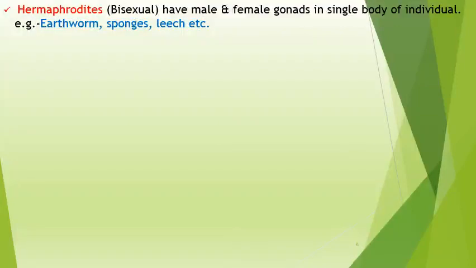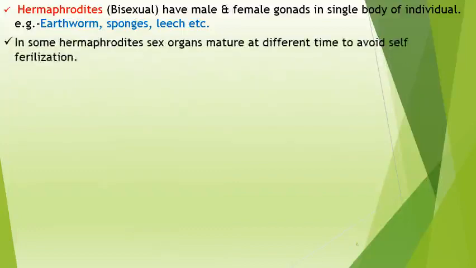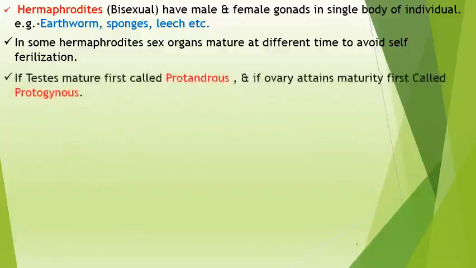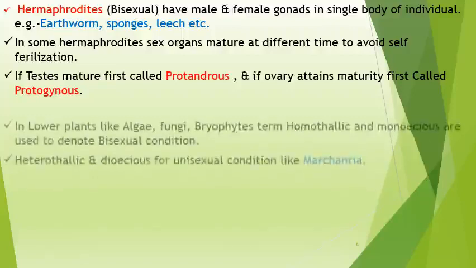It represents male and female gonads in a single body of an individual. Common examples are earthworm, sponges, leech, etc. In some hermaphrodites, to avoid self-fertilization, the sex organs attain maturity at different times. On that basis, we use special terms. If the testis matures first, it is called protandrous, and if the ovary attains maturity first, it is called protogynous.